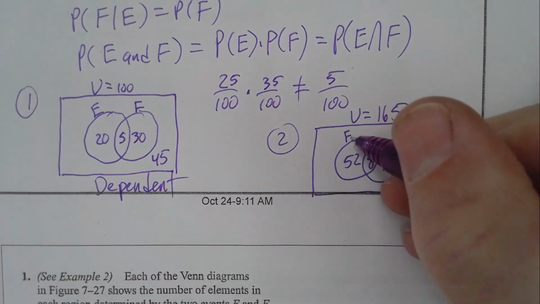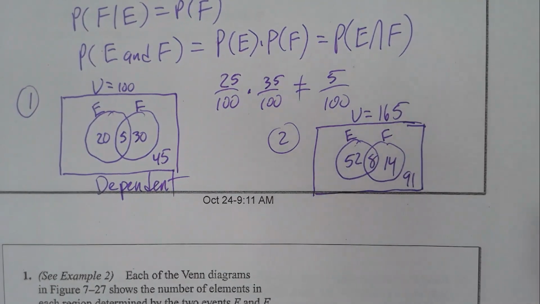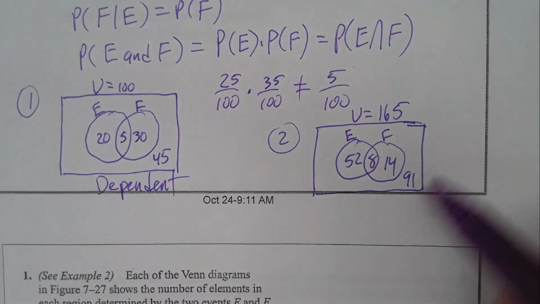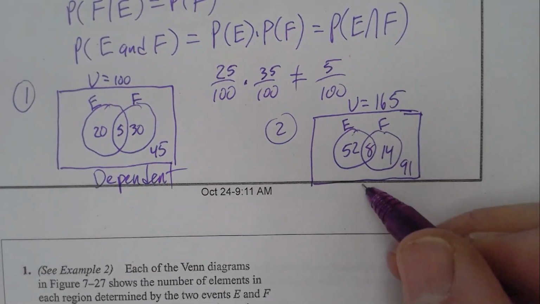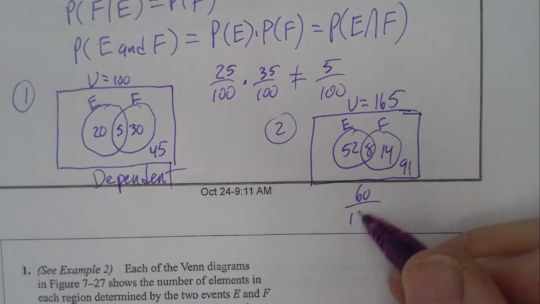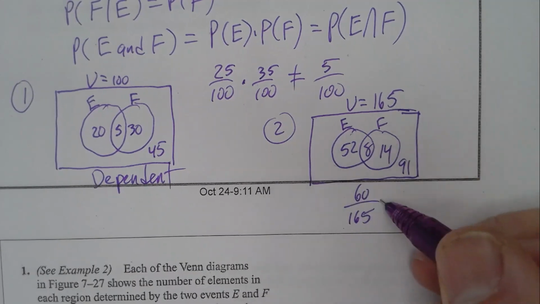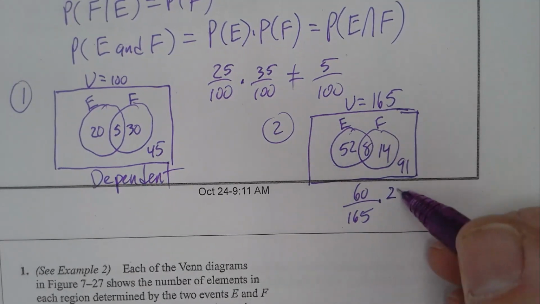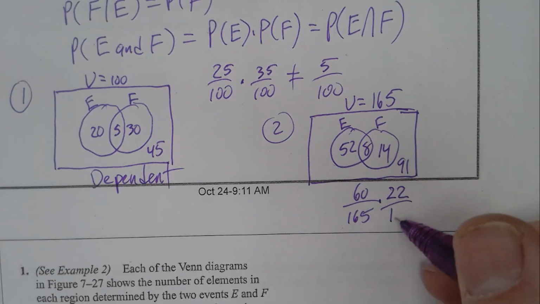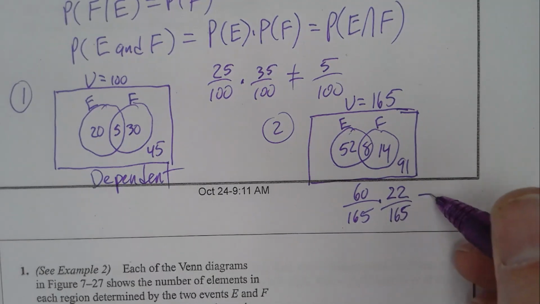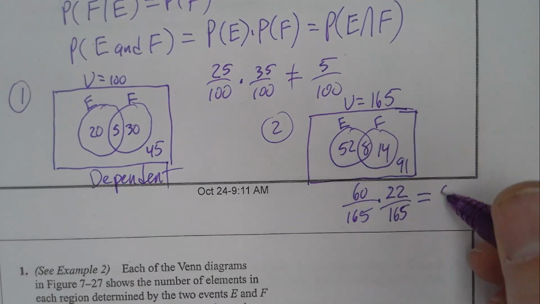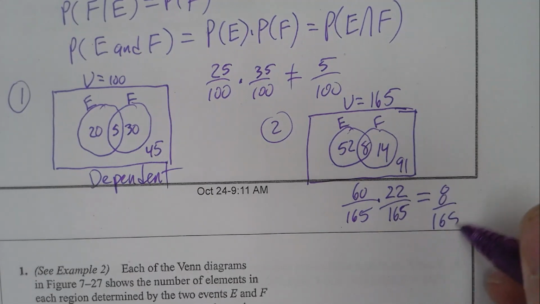This is E, and this is F. All right, so I'm going to do the same thing. Probability of E is 60 out of 165, because there's 60 there, times probability of F is 22 out of 165. Does that equal 8 out of 165?